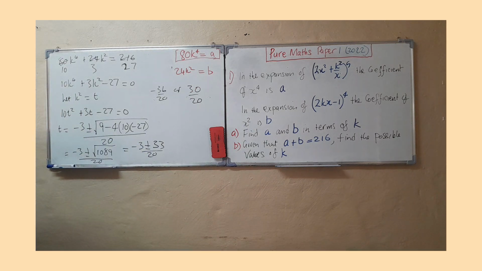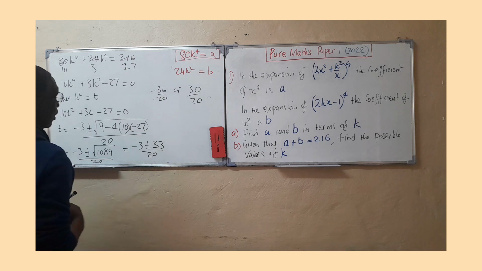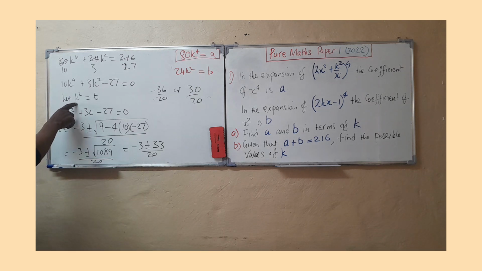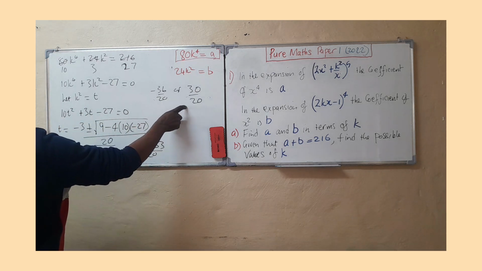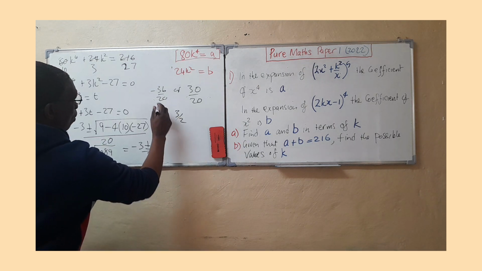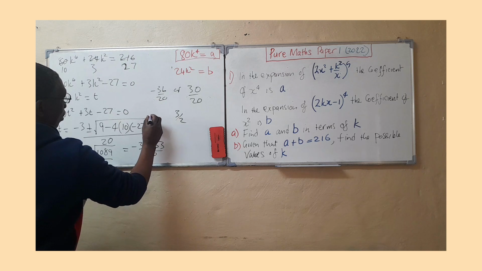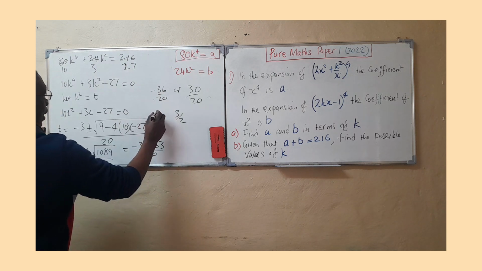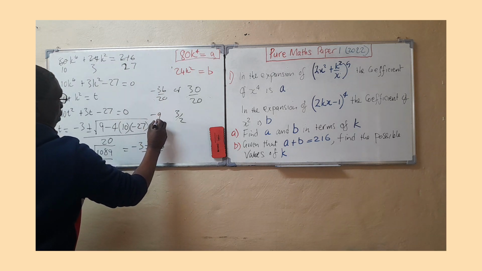Okay, so those are the possible values of t. But our t is equal to k squared. So if our t is equal to this, which is 3 over 2, or that would be minus 9 over 5.